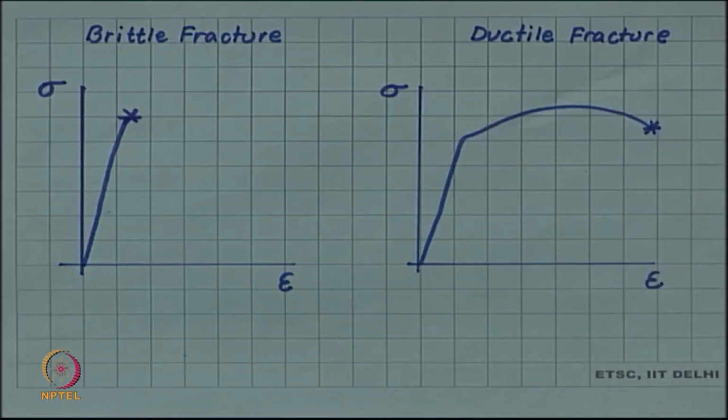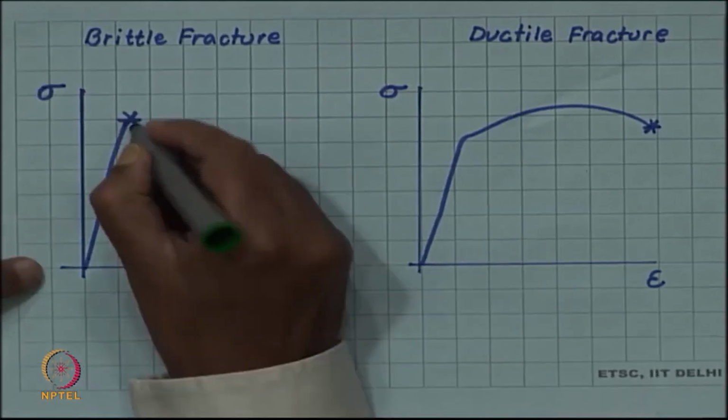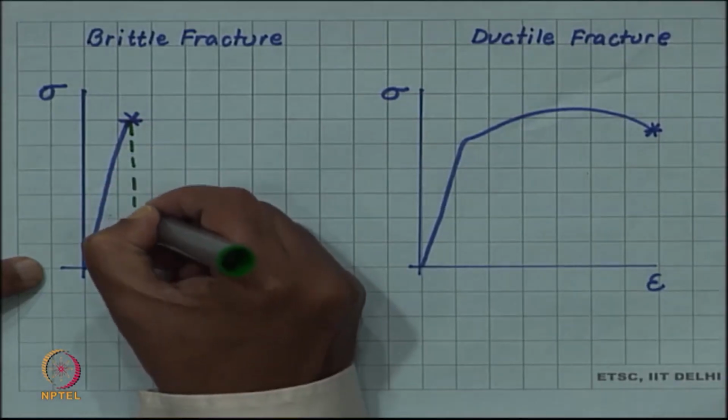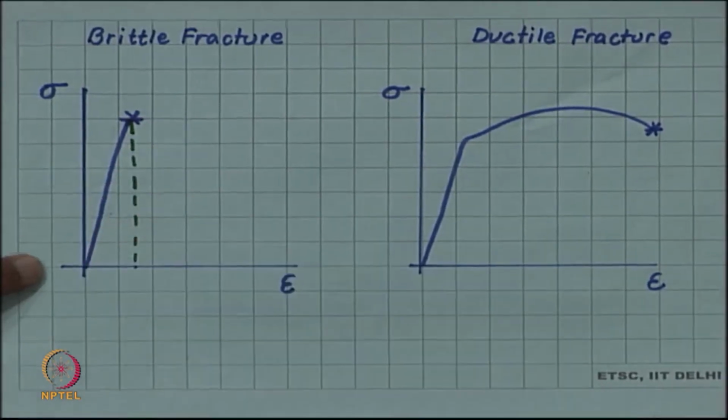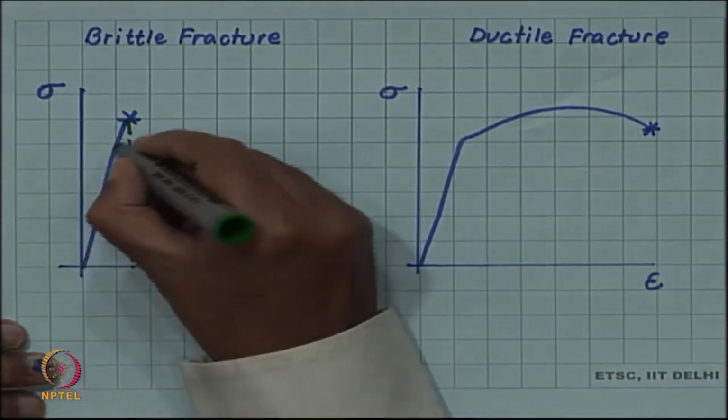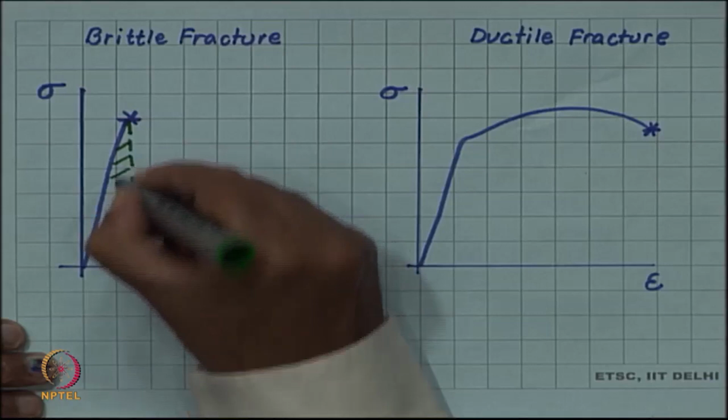So, you can see that the two fractures behave differently in terms of the energy absorbed. You know that the energy absorbed up to the point of fracture in a stress strain diagram is given by the area under the curve.